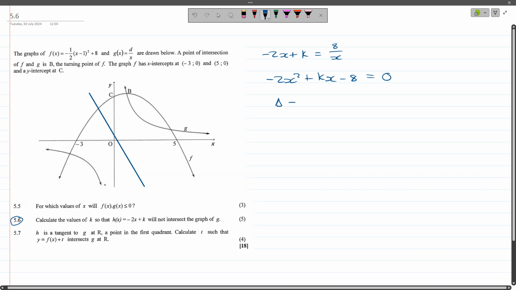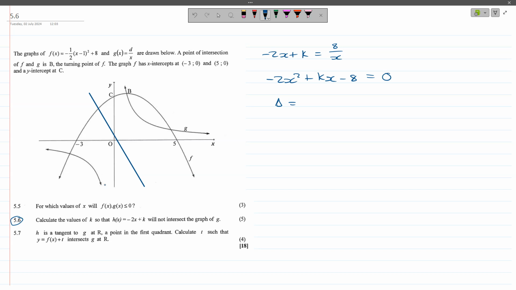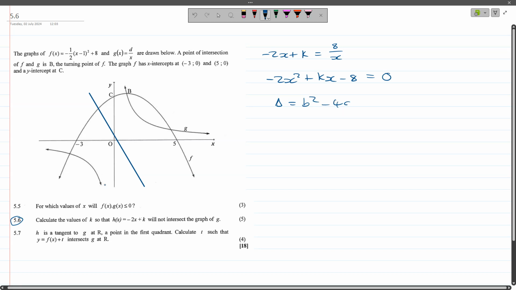Now remember, the discriminant tells us the nature of the roots of an equation. So by equating these two functions and creating this new equation and finding its roots, we can find the values that it will intersect with. So we want our discriminant, which is b squared minus 4ac, b being k, a being minus 2, and c being minus 8.